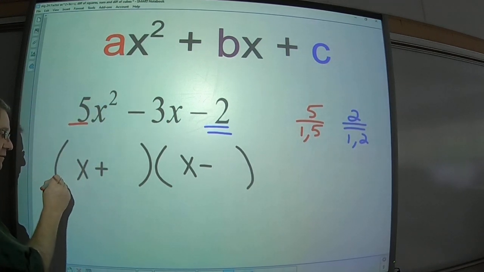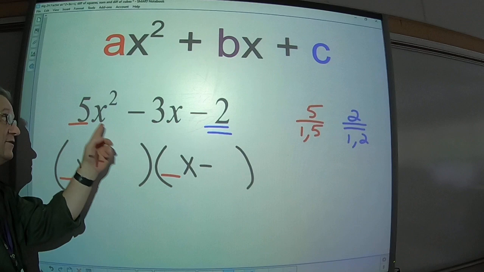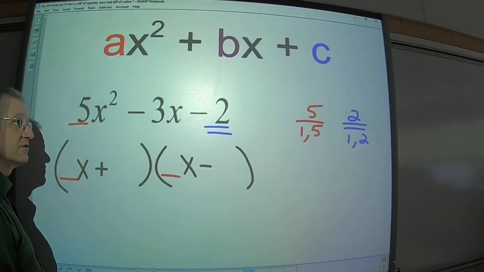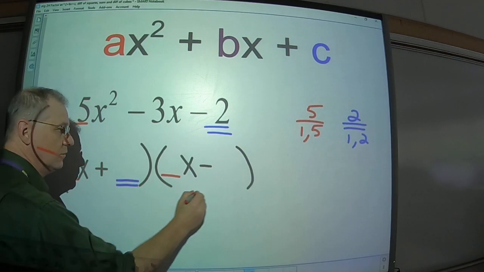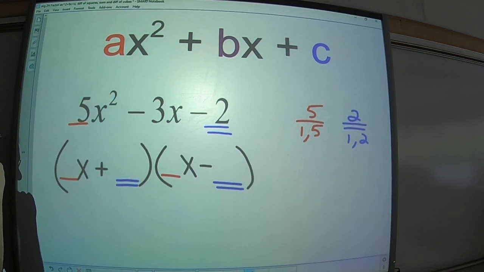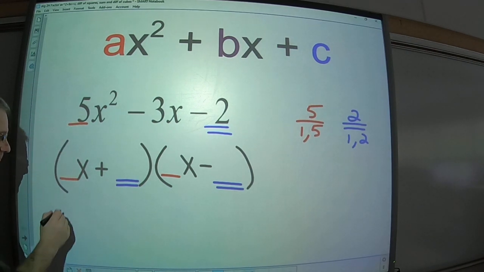I need a pair of numbers that multiply to give me 5, that go next to here to give me 5x squared. And I need a pair of numbers that multiply to give me 2, that go here and here. And then here's where the smiley face part comes in.